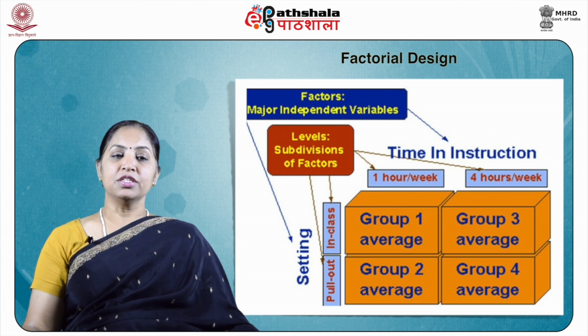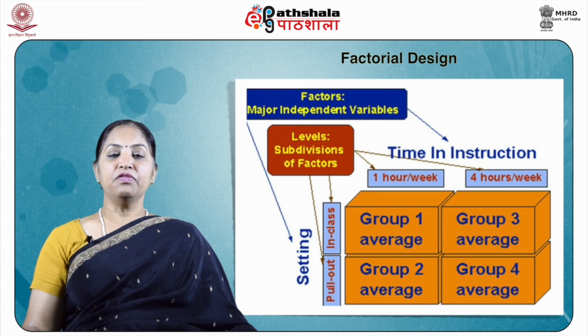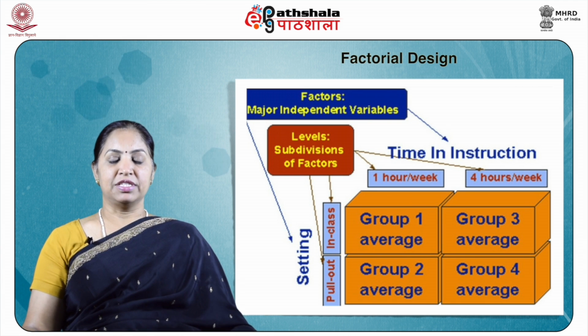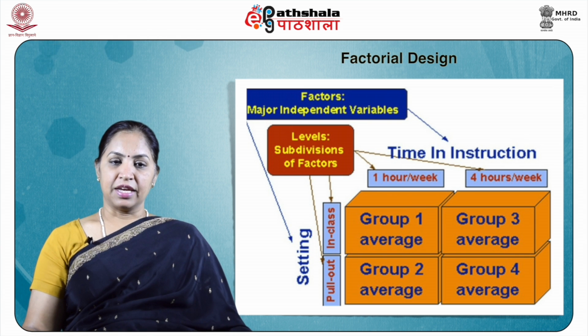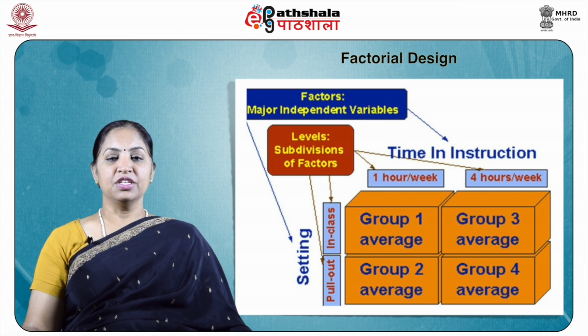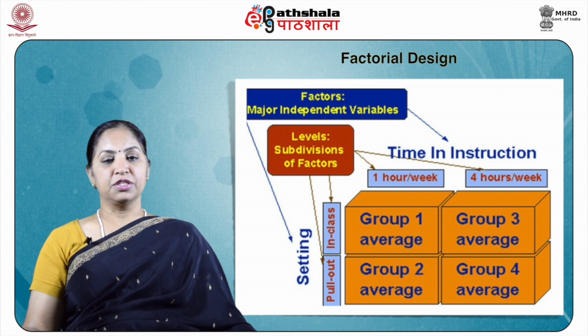The number tells how many factors are there and the values tell how many levels are there. Similarly, a 3 into 4 factorial design will have 2 factors with 3 and 4 levels in each factor respectively.